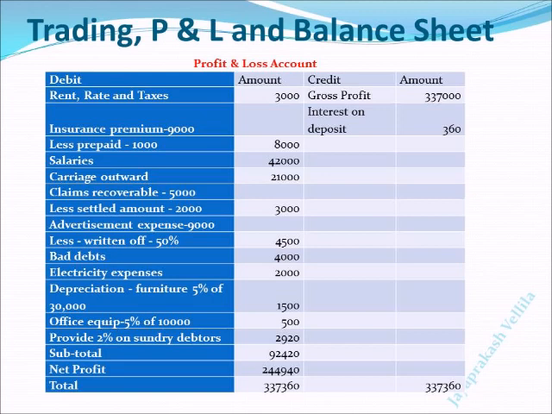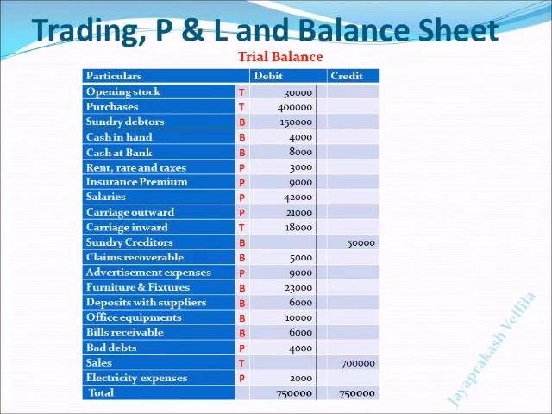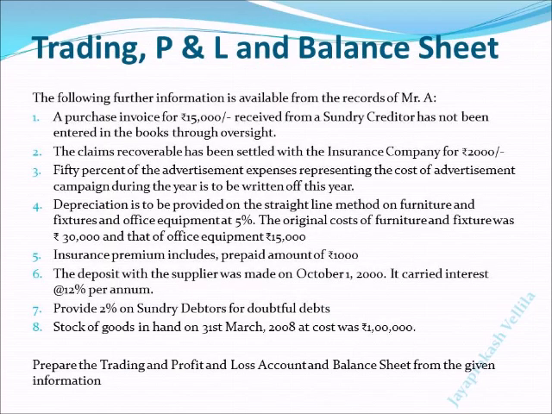Next, it is given that advertisement expenses are 9,000, and as per the adjustment, 50% of the advertisement expense, representing the cost of the advertisement campaign during the year, is to be written off this year. We know that advertisement is an expenditure.